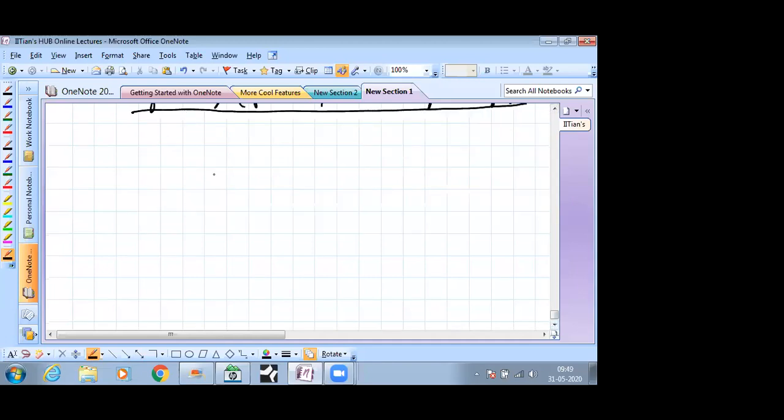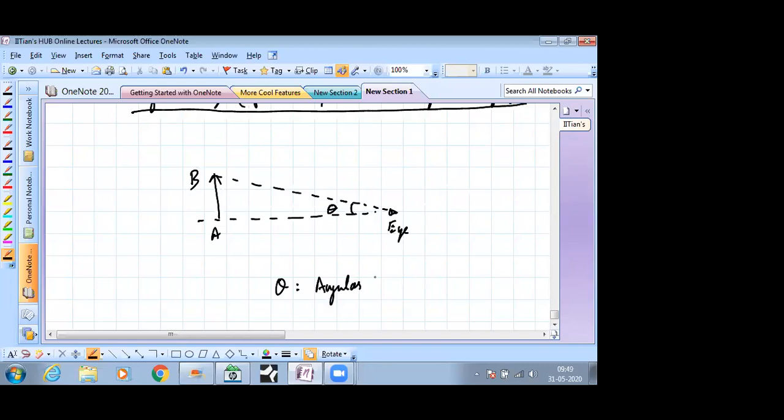So if we have an object like this, and this is the eye of an observer, then the object subtends a certain angle, and that is called the angular size of that object. So theta is called the angular size as seen by this observer.